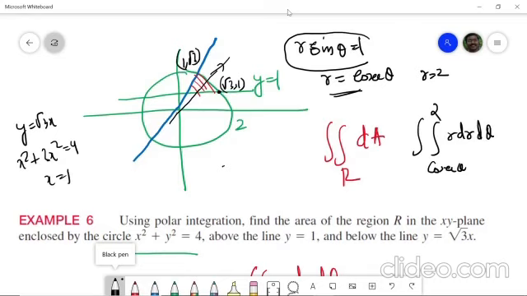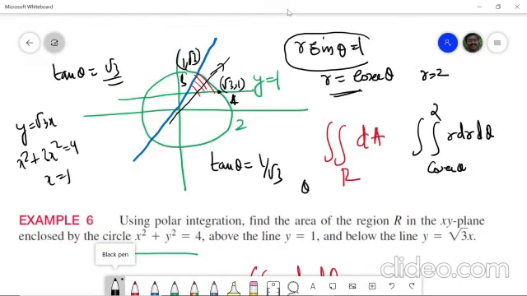At root 3, 1, the angle is given by tan theta is equal to y by x, so tan theta would be 1 by root 3. At the other point, tan theta would be equal to root 3 by 1, so it is root 3. So at the point A, tan theta is equal to 1 by root 3, and at the point B, tan theta is equal to root 3. When will tan theta become 1 by root 3?